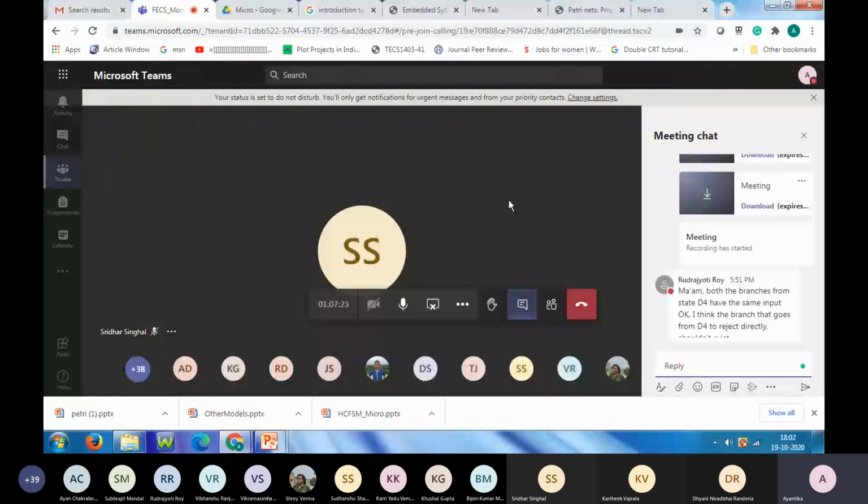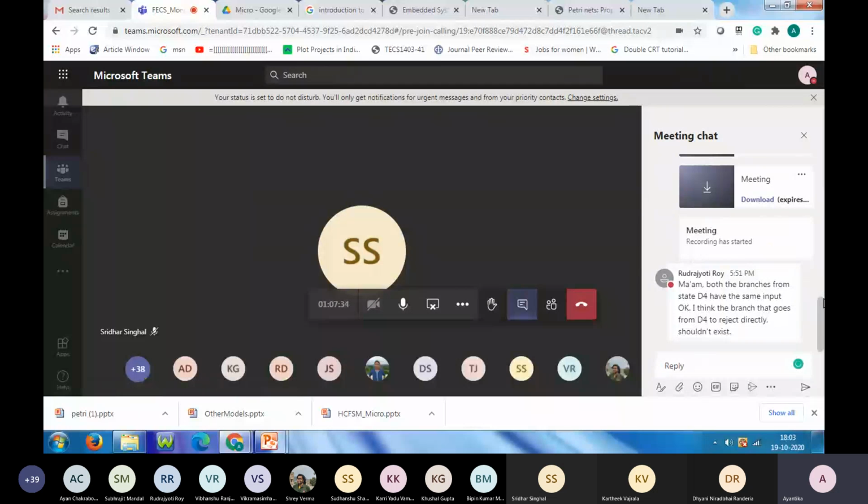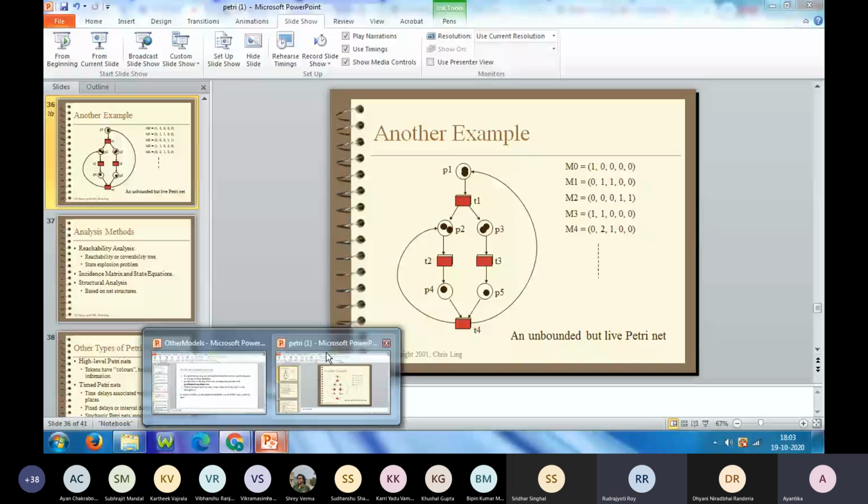Both the branches from state D4. Okay, there is some question. D4 have the same input. I think the branch that goes to direct trajectory should not exist. Rudrajyoti, have you got your answer? Which slide do you mean? I will go back there. In the first part of the slides.